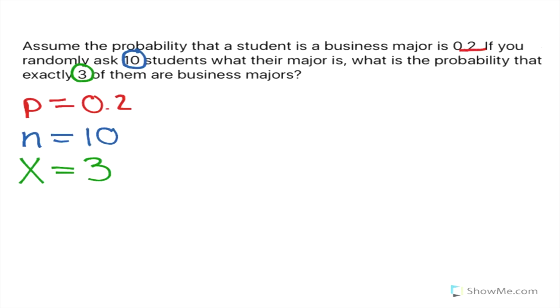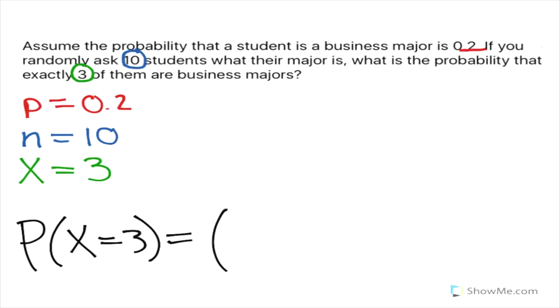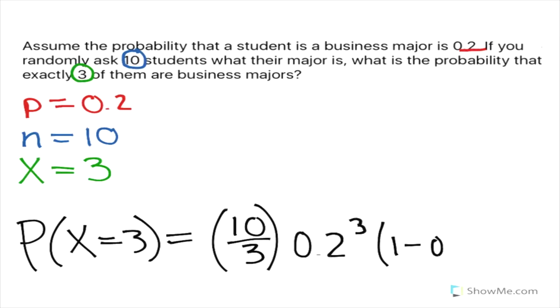So in our formula, that will look like the probability that x equals 3 is 10 choose 3 times 0.2 to the power of 3, so that's p to the power of x, and then 1 minus p to the power of n minus x.